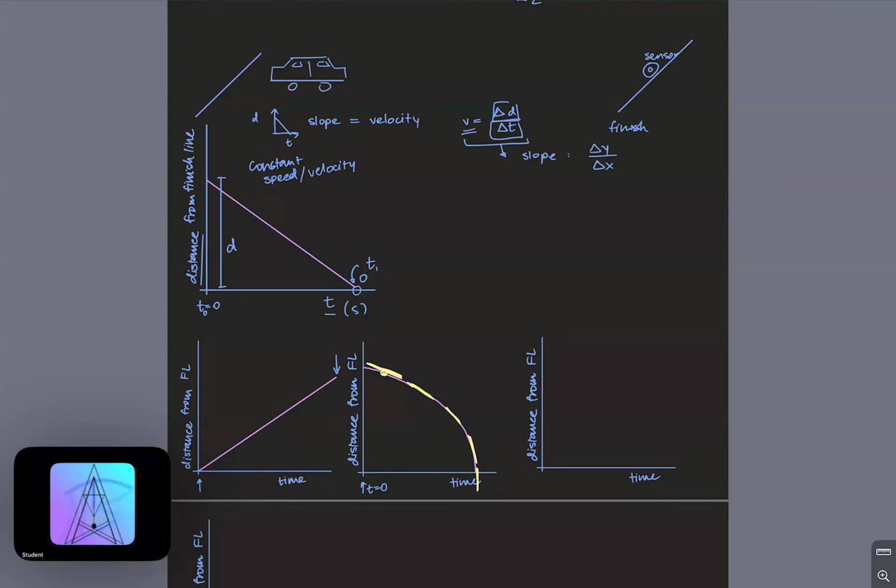So technically, you're starting out with a not that steep slope, and then you end up at a really steep slope, right? Like right there. So what does that tell you about how fast the car is moving?